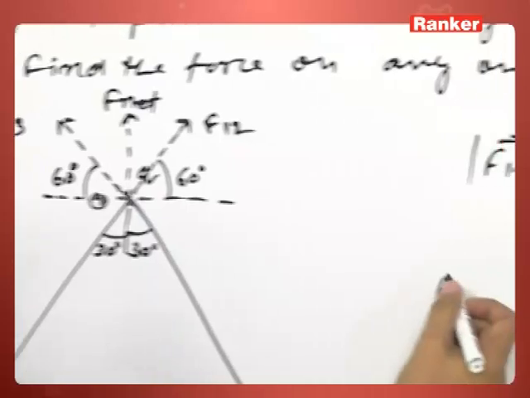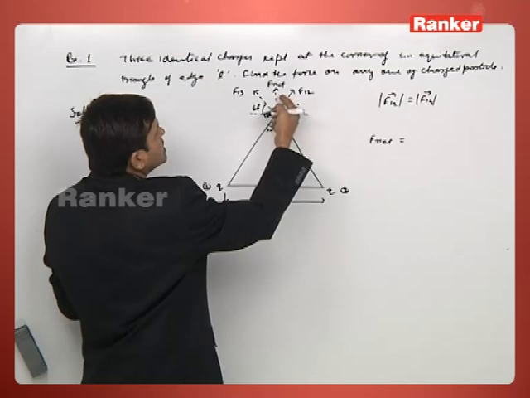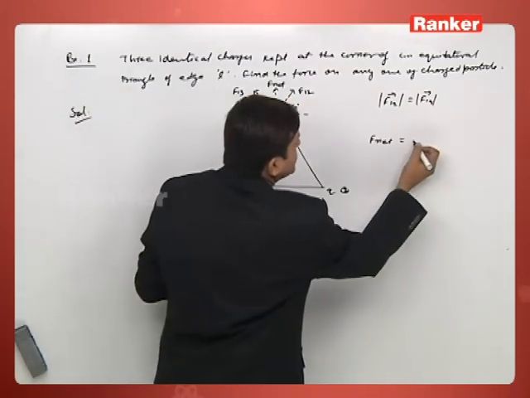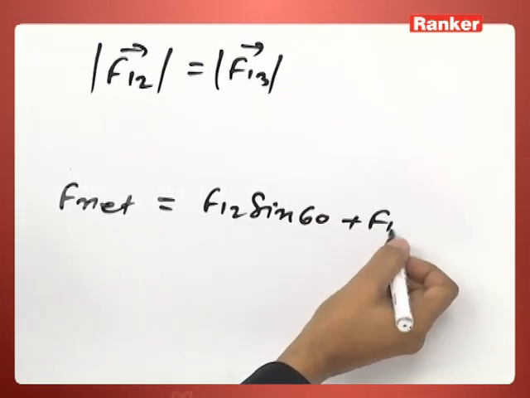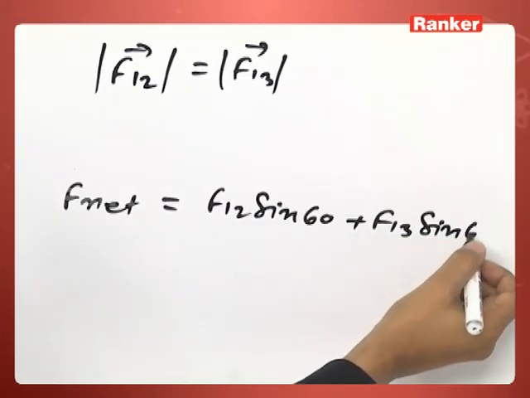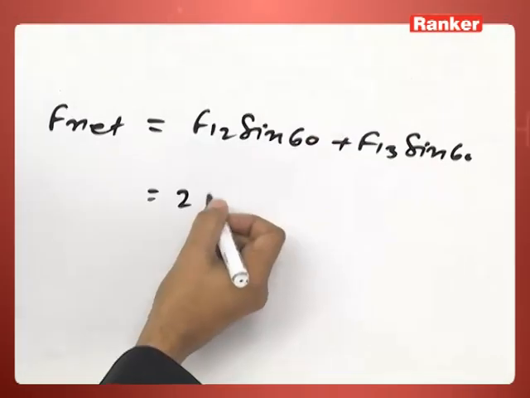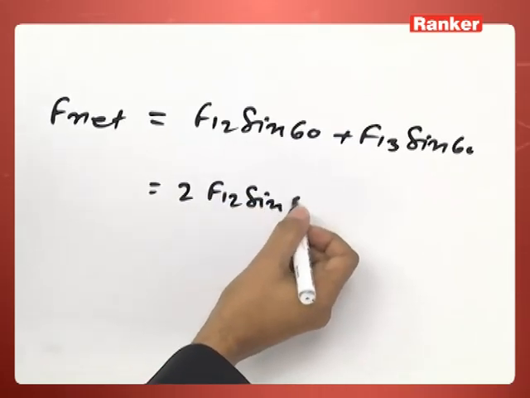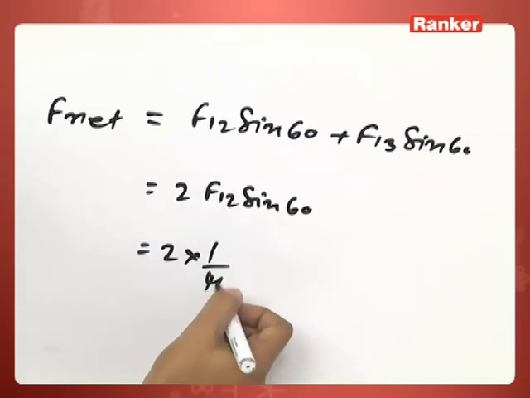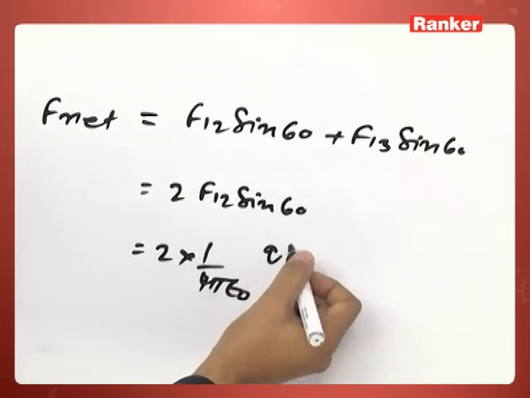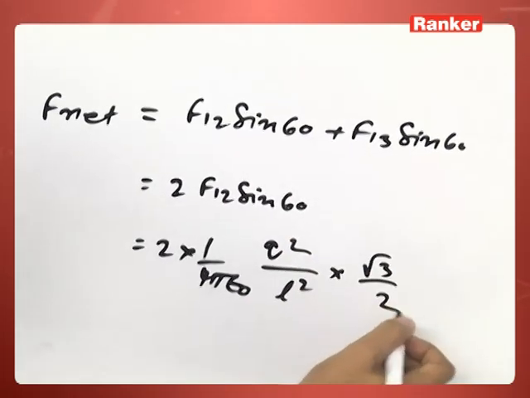The net force can be given as F12 sin 60 plus F13 sin 60, and since the magnitudes of these two forces are equal, we can write 2 times F12 sin 60. Now substitute the values: 2 times 1 by 4 pi epsilon naught q square by L square, and sin 60 is root 3 by 2.